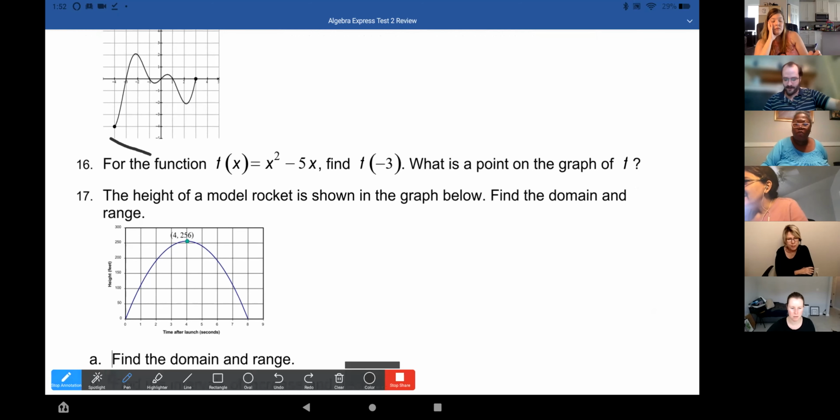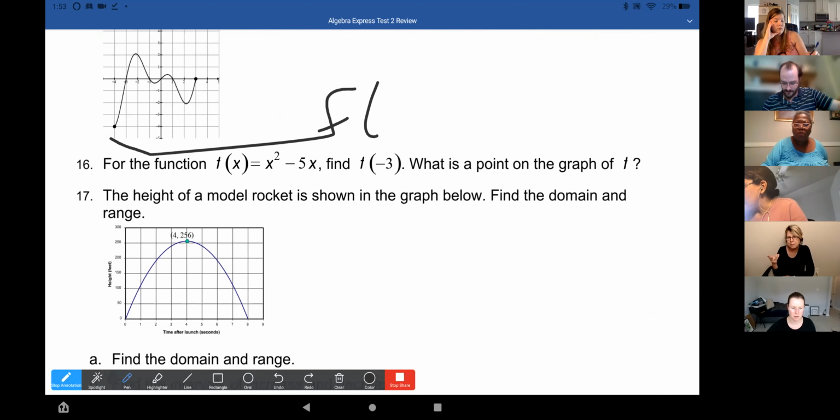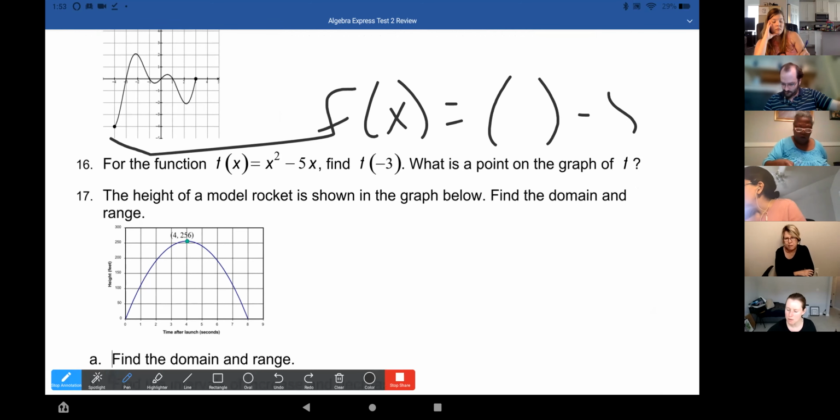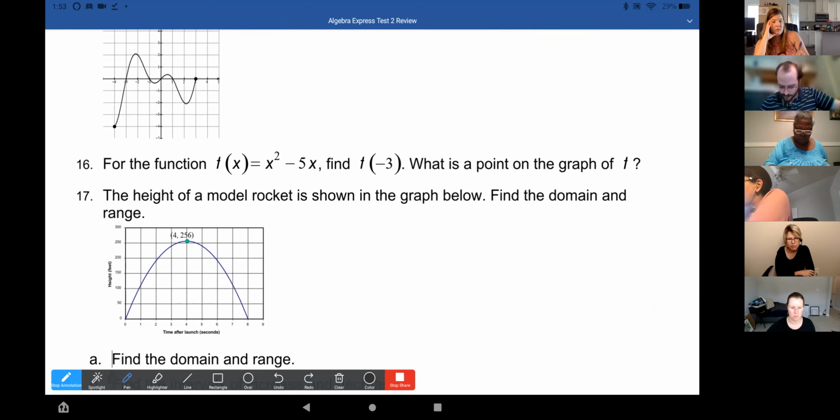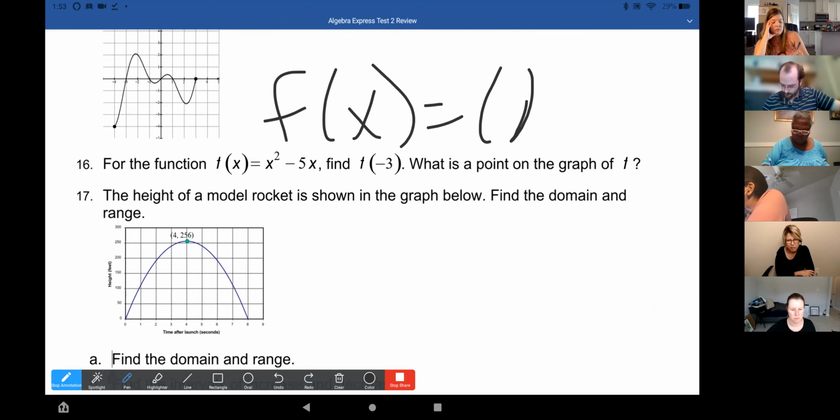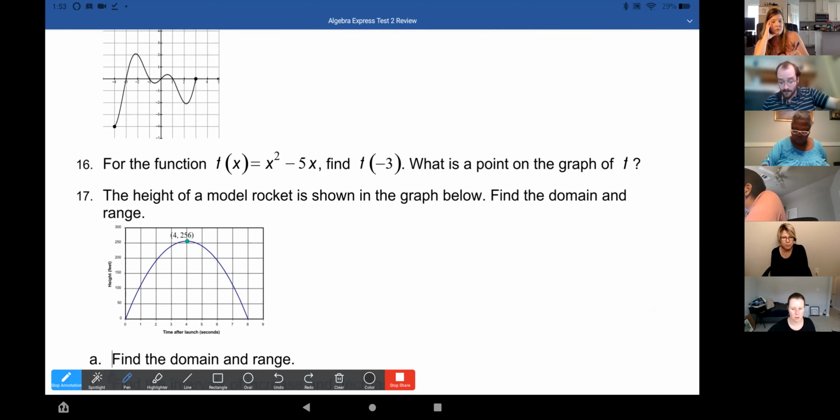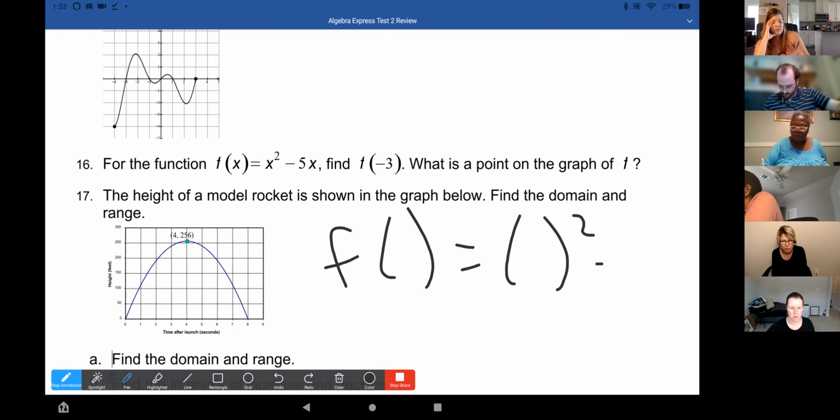What about 16? What's the trick there? This one is 17. Here, when we have f of x equals x squared minus 5x, we need to find f of minus 3.